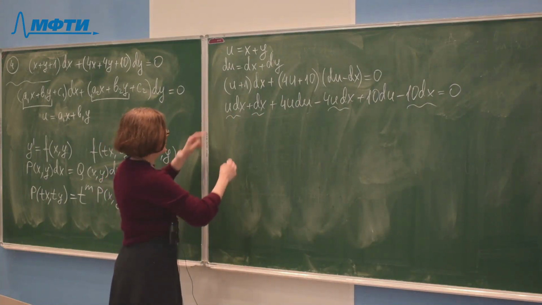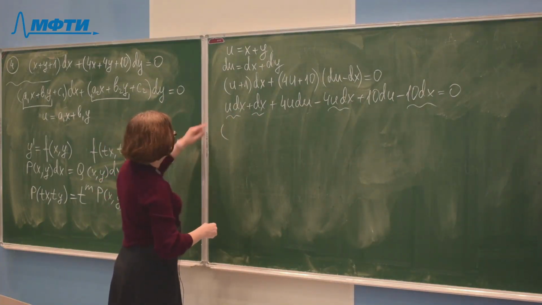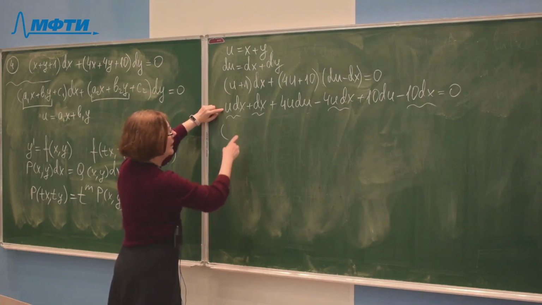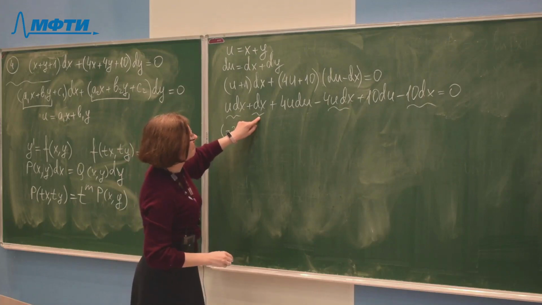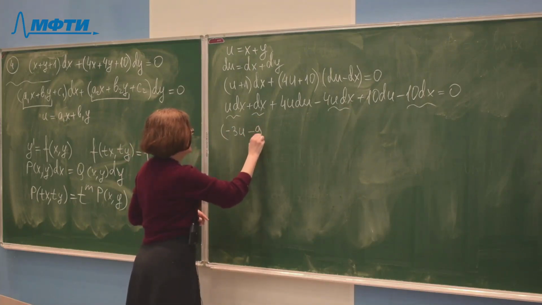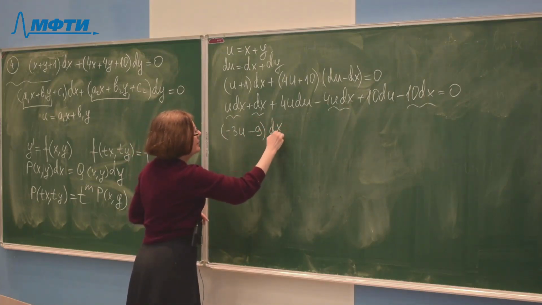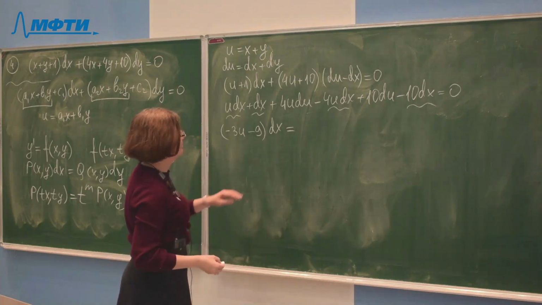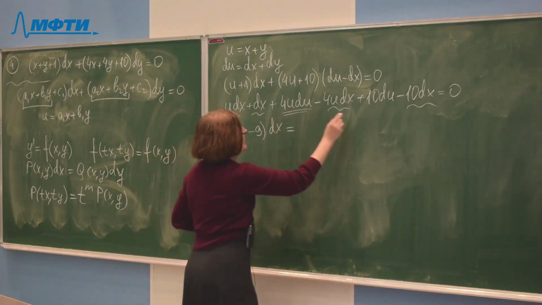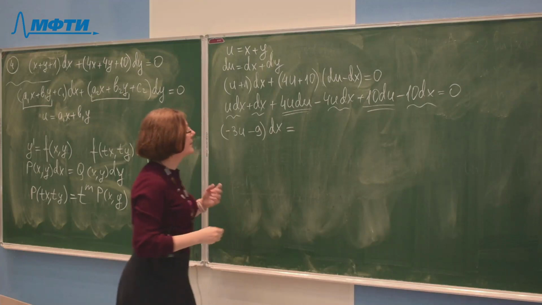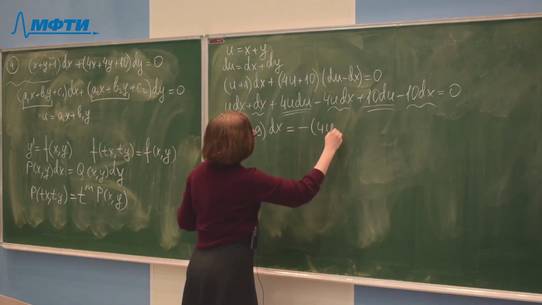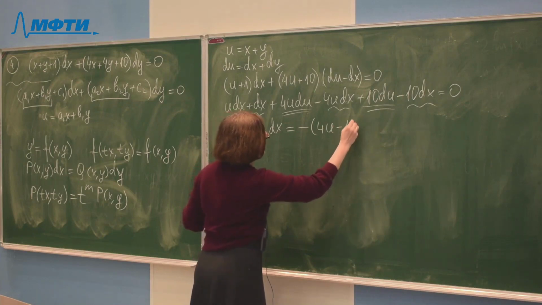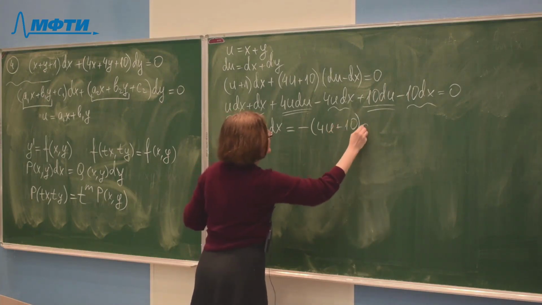Collecting terms with dx gives (-3u - 9)dx equals, and collecting terms with du on the right, (-4u - 10)du.